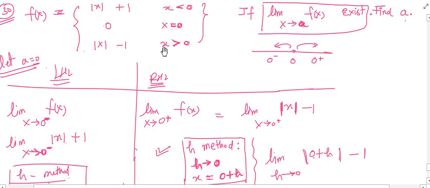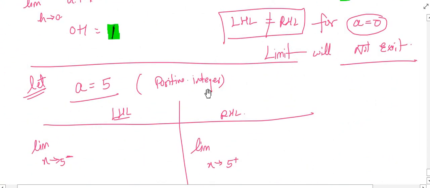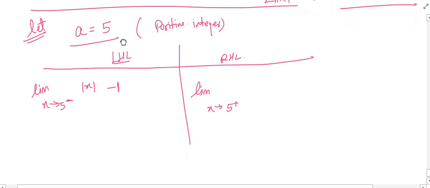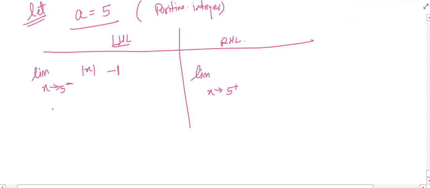It will be more than 0 only, correct? So I will take this, mod of x minus 1. Now we can apply the H method, correct? What is the H method? h is tending to 0 and x is replaced by 5 minus h, correct?